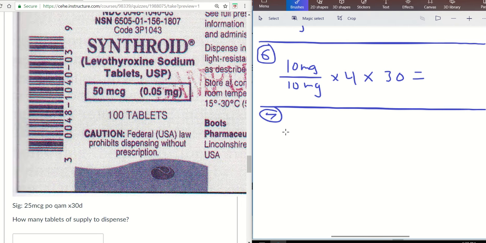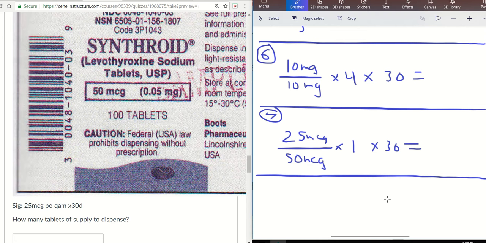The order is 25 micrograms. The supply comes 50. They do QAM, so that's just 1 dose a day for 30 days. So half a tablet every day for 30 days. Double the days.